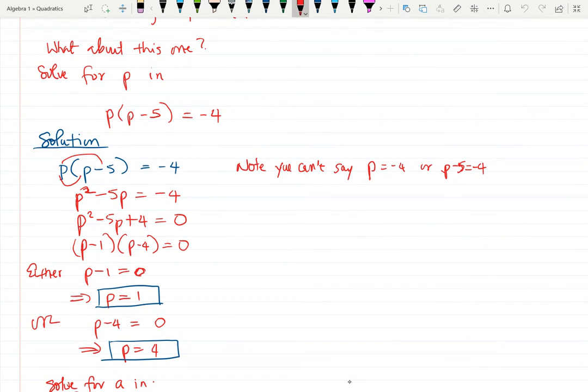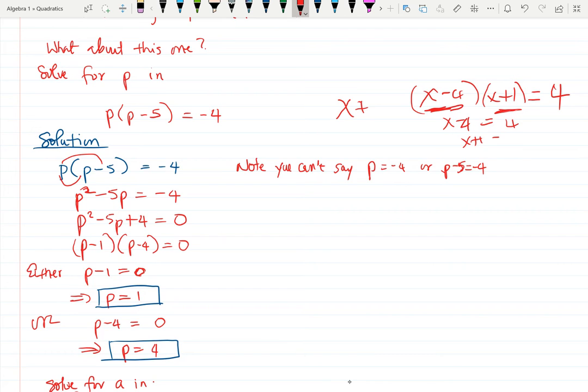Remember I said if we have x minus 4 times x plus 1 equals 0, either this equals 0 or that equals 0. If it's any other number, let's say 4, you cannot say x minus 4 equals 4 or x plus 1 equals 4. You cannot say that. It's only when the product is equal to 0.